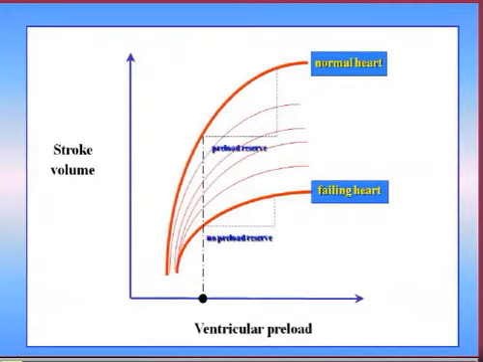Now, we know that there is no single Frank-Starling curve, but a family of curves between a normal heart and a failing heart. And therefore, we know that a given value of any preload parameter cannot give you information on the presence or the absence of preload reserve.